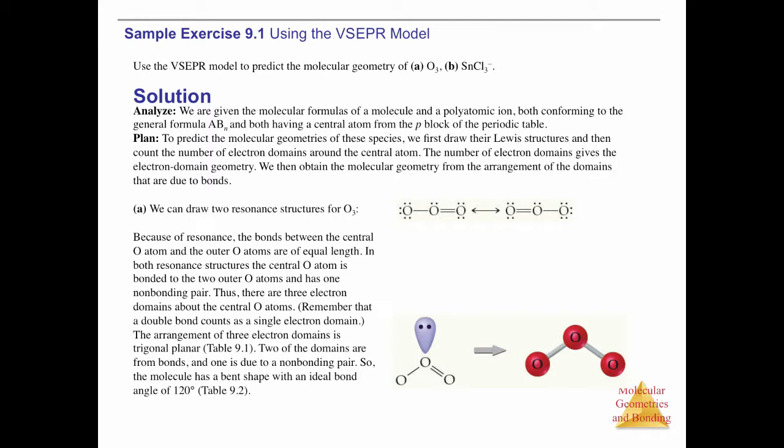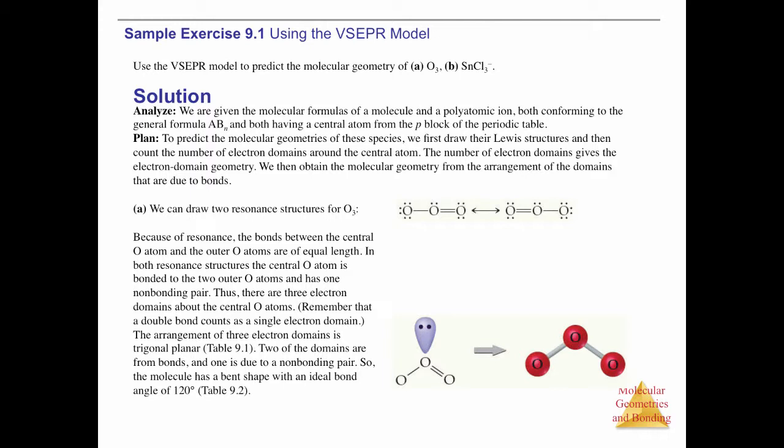We can draw 2 resonance structures for O3. Because of resonance, the bonds between the central oxygen atom and the outer oxygen atoms are of equal length. In both resonance structures, the central oxygen atom is bonded to the 2 outer oxygen atoms and has 1 non-bonding pair. Thus, there are 3 electron domains about the central oxygen atom.